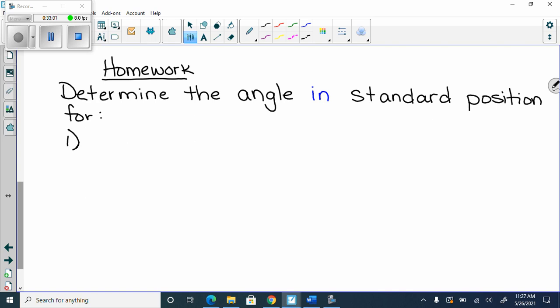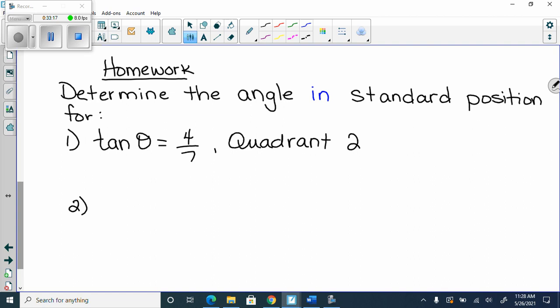1. Tan theta equals 4 over 7, quadrant 2. These we're going to go over tomorrow. 2. Sine theta equals negative 3 over 7. I like 7.